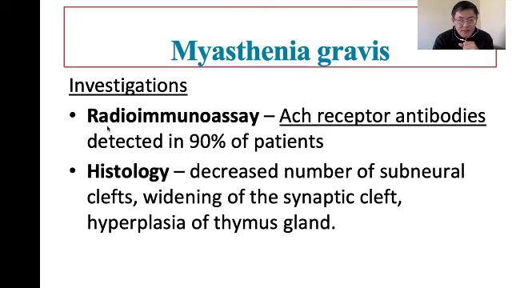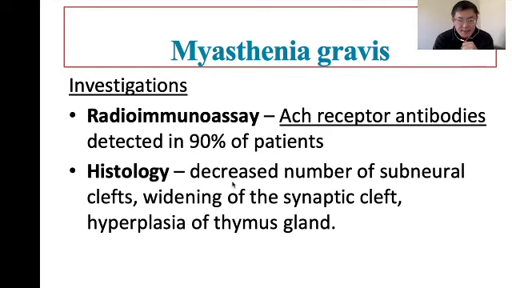We can use radioimmunoassay to detect the acetylcholine receptor antibodies. Normally, we can get about 90% positive of the patients. We can also do a histology study: the doctor can pick a small piece of sample and visualize it under the microscope.